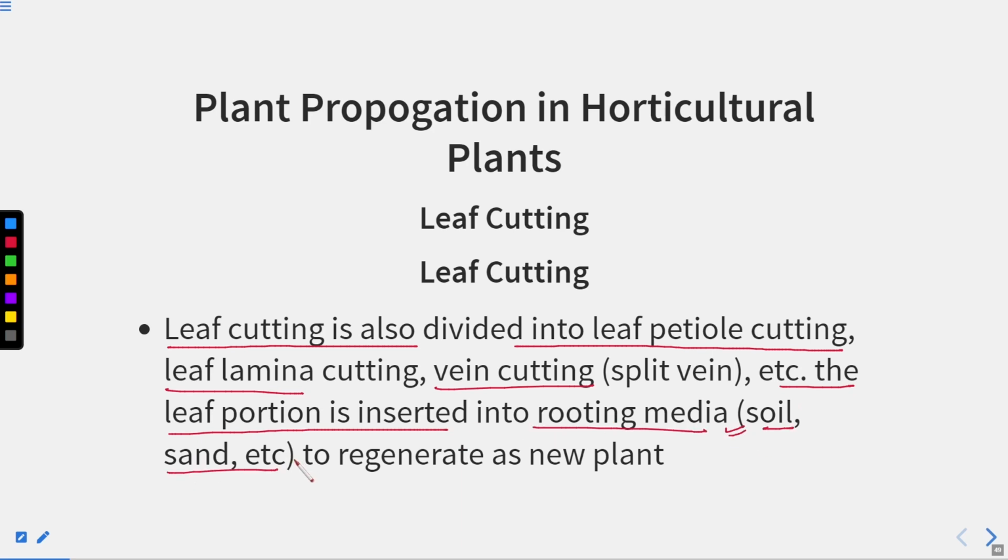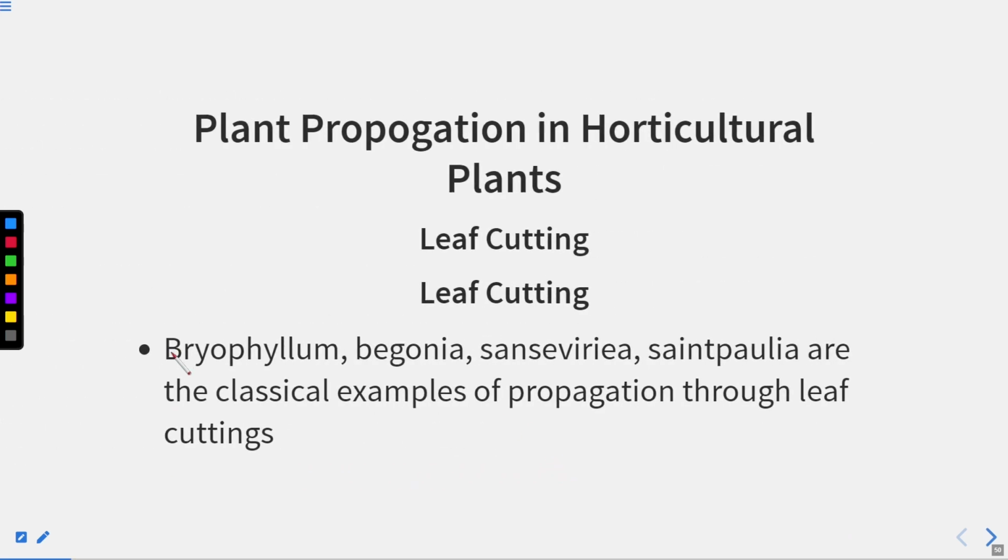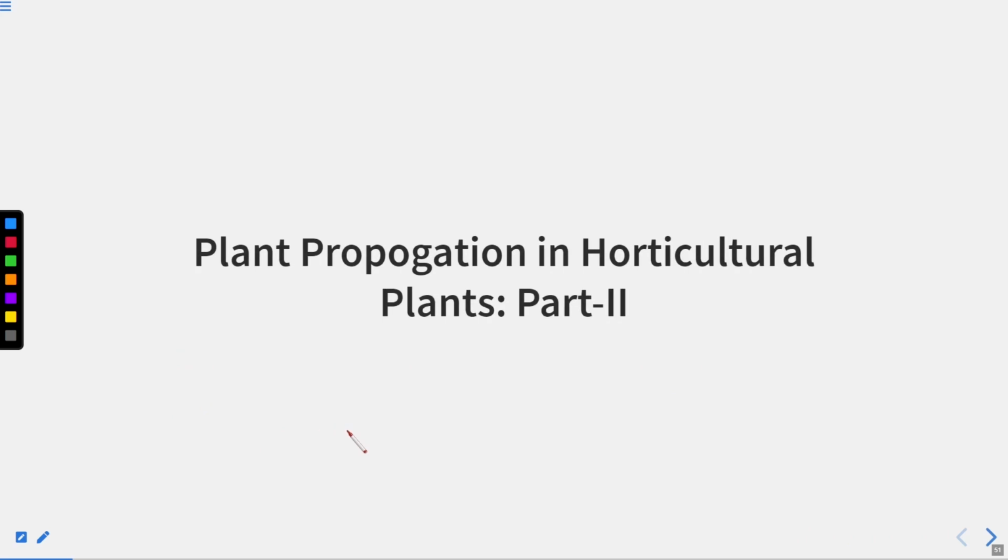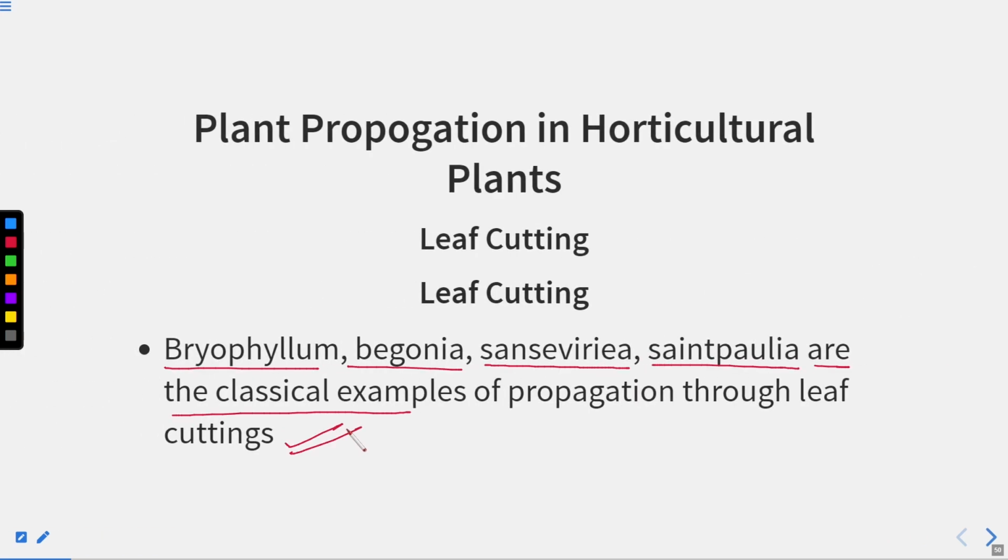The leaf is inserted into this medium and regenerates as a new plant, because it produces a new stem from that part. Bryophyllum, begonia, Sansevieria, and Saintpaulia are classical examples of propagation through leaf cutting. These are some of the plants propagated by leaf cutting.